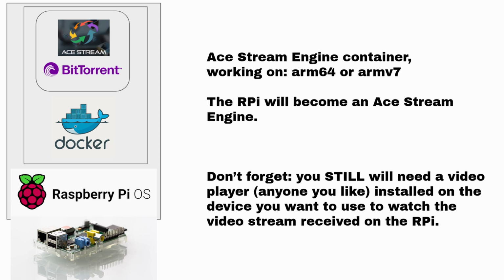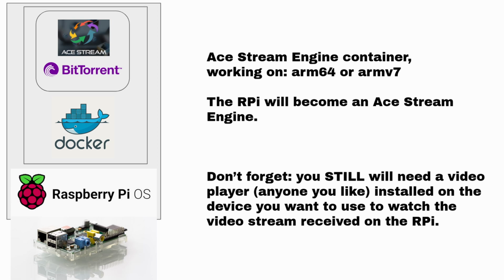It is gonna run on Docker daemon over Raspberry Pi. The container that I'm gonna be using will be valid for any ARM64 or ARM-v7 device, so in other words, on any Raspberry Pi that you have. And then we are essentially gonna convert the Raspberry into an Acestream engine.